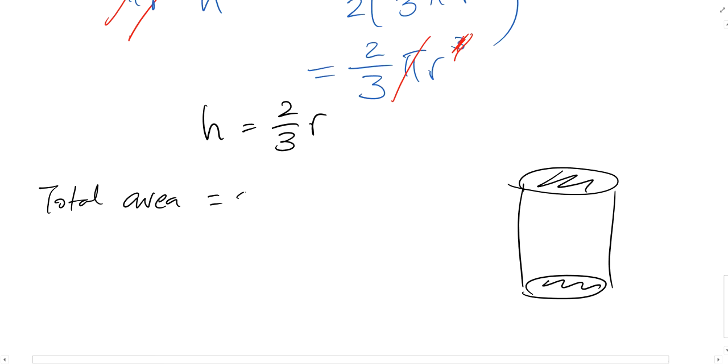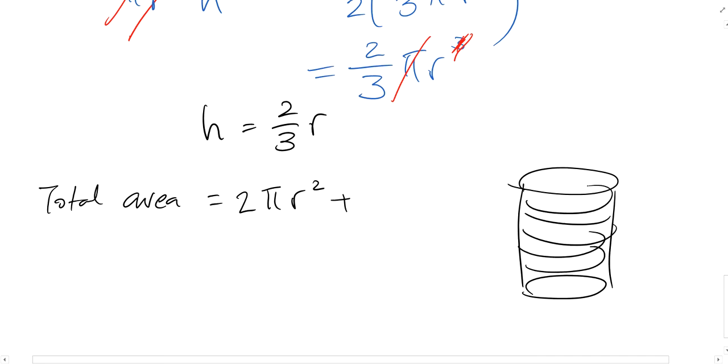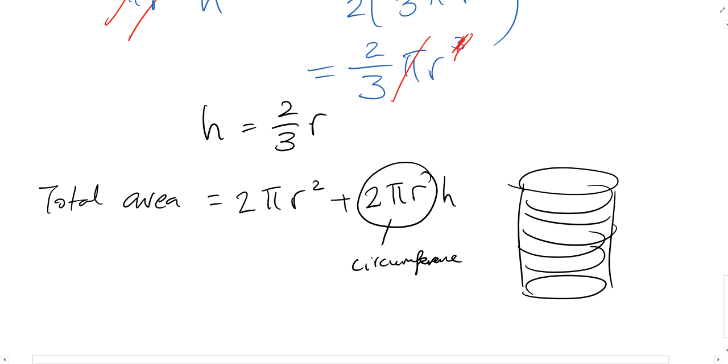They are given by 2 times pi r squared plus, what is the area of the curved surface of this cylinder? So all this curved part, 2 pi r, this is actually the circumference, times the height. So h.